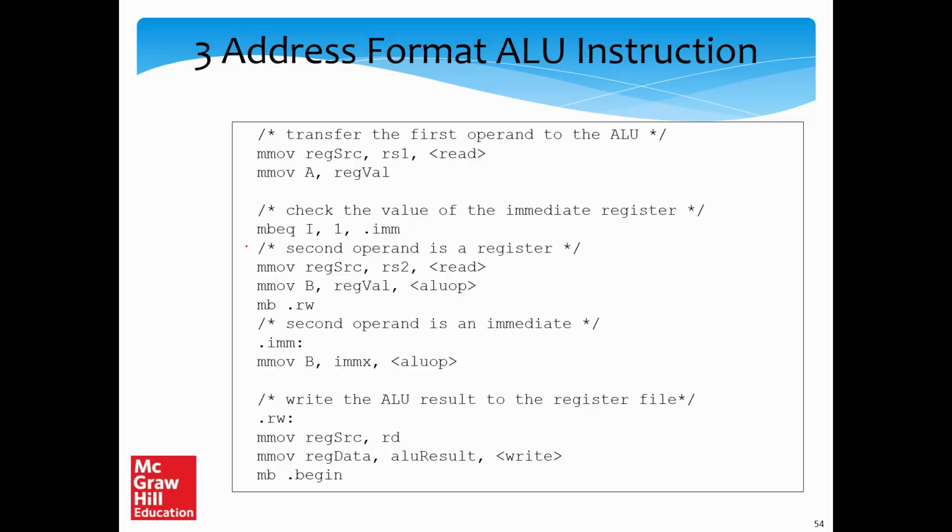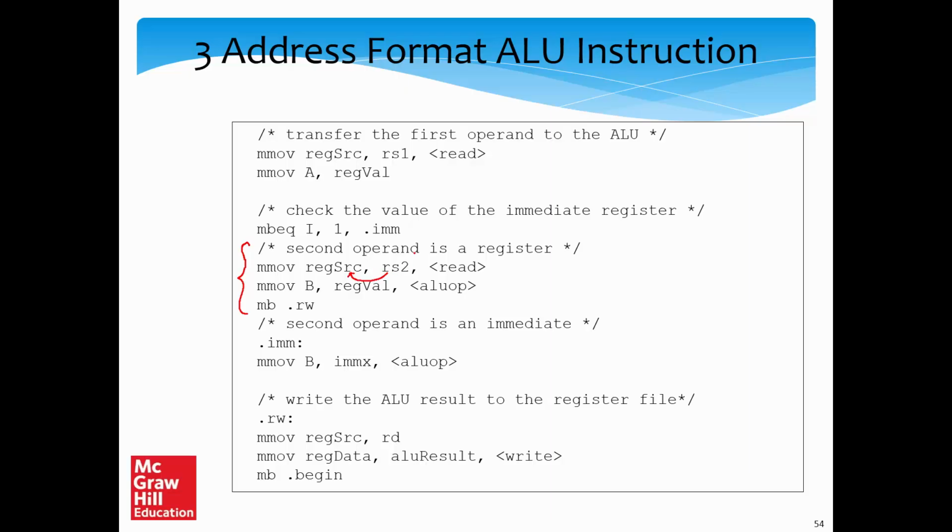If the immediate field was 0, which means the second source operand is a register, then we read the contents of rs2, which is exactly this statement repeated once again: we read the contents of rs2 and transfer them to reg source.